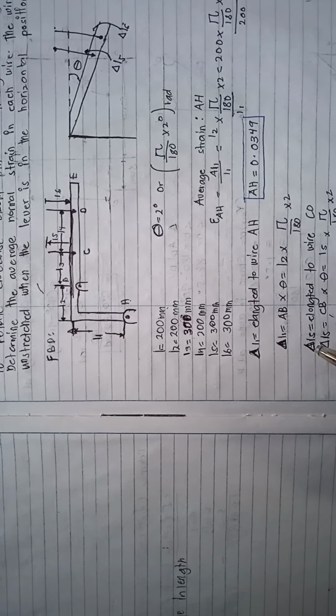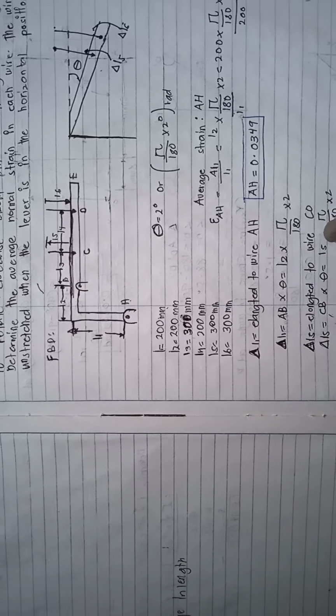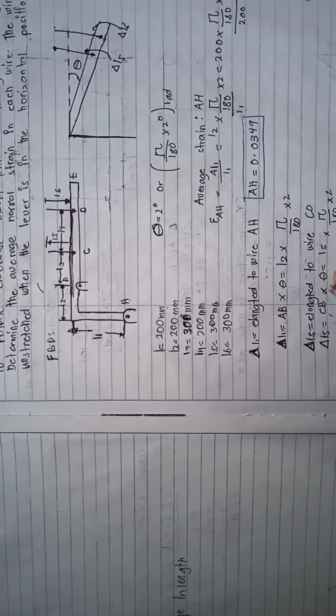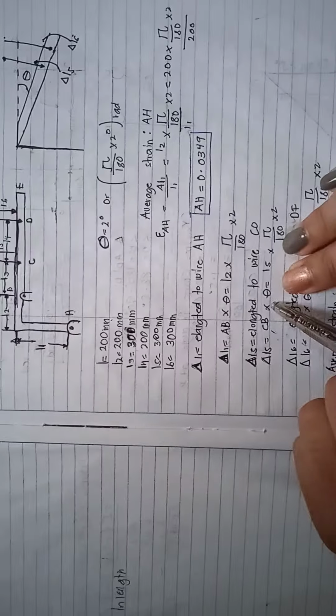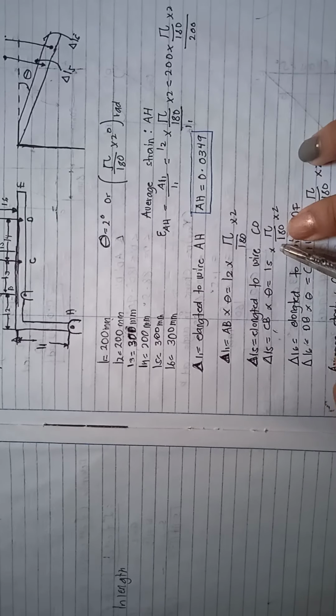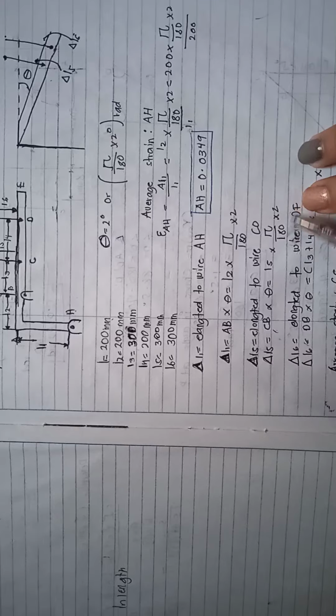So, change in length I5 equals the elongation of the wire CG. Change in length I5 equals CB na naman tayo times beta equals I5 times pi over 180 times 2.